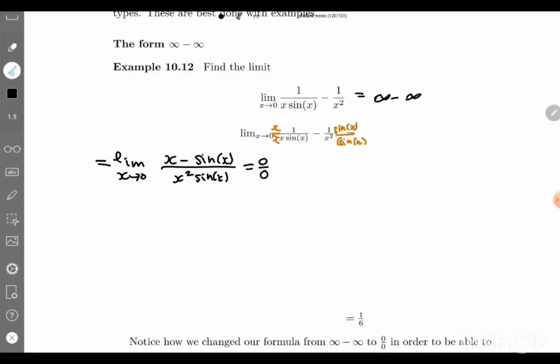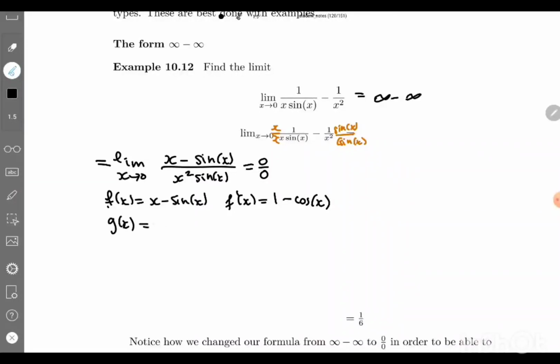And so I can now use L'Hopital's rule. I'm going to take the derivatives of the top and the bottom, and then I'll know the solution to my limit. Here my f of x is x minus sine of x, so f prime of x is equal to 1 minus cosine of x.